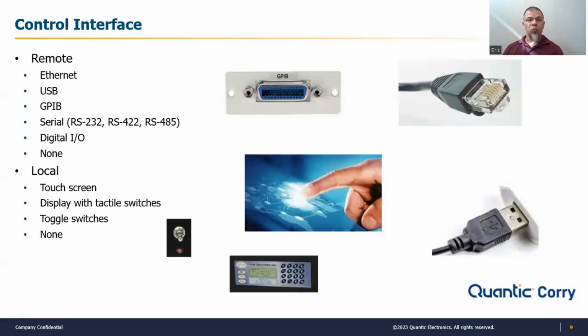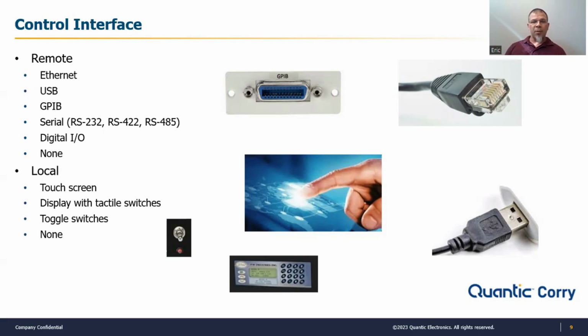This is the control interface. So, how does the user select which switching paths that they want to use? Which input do they want to connect to which output? Or which inputs do they want to connect to a single output if it's a non-blocking matrix, vice versa, if it's a super non-blocking matrix.